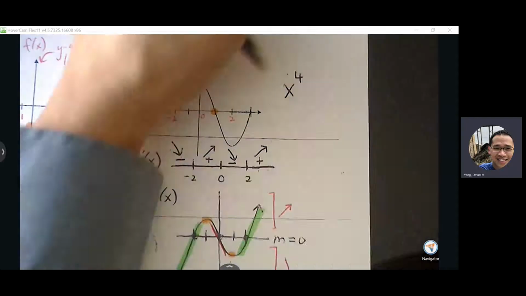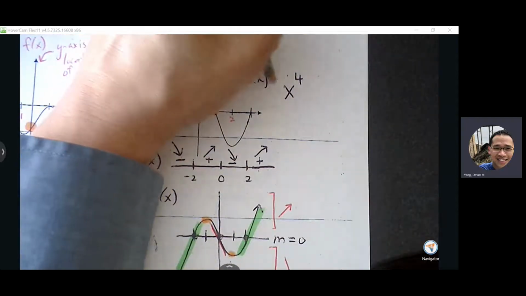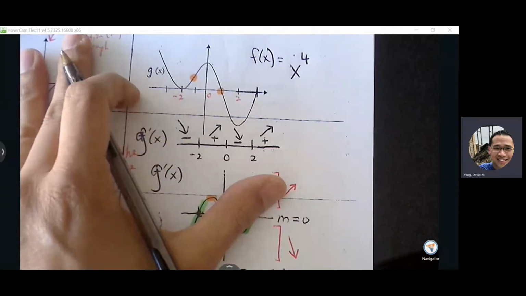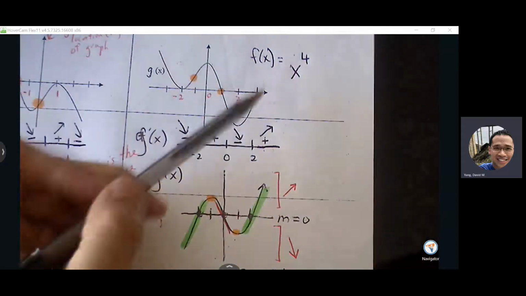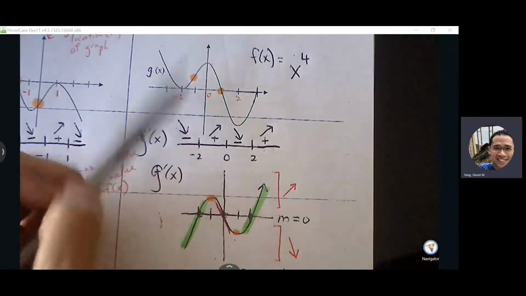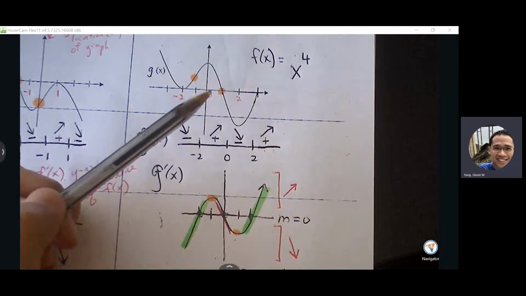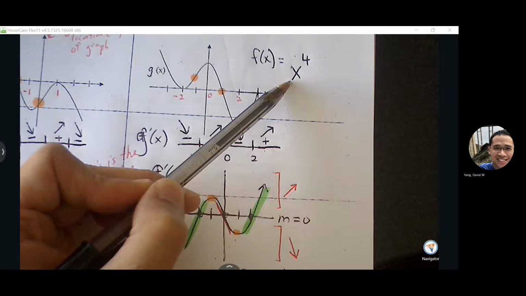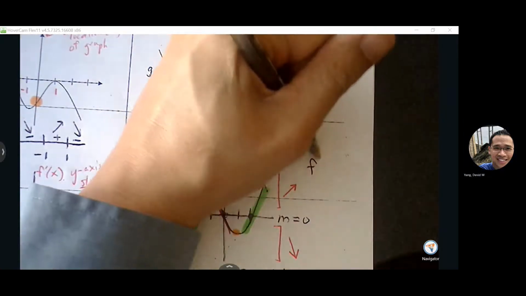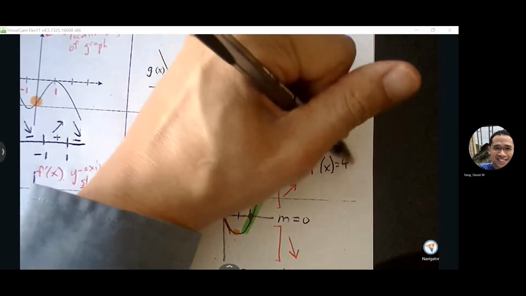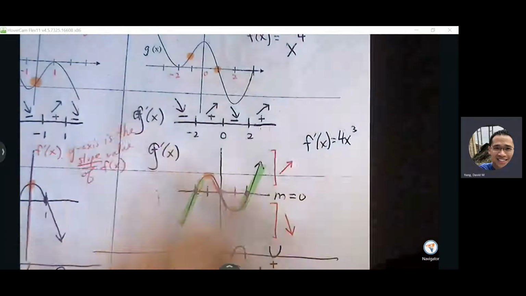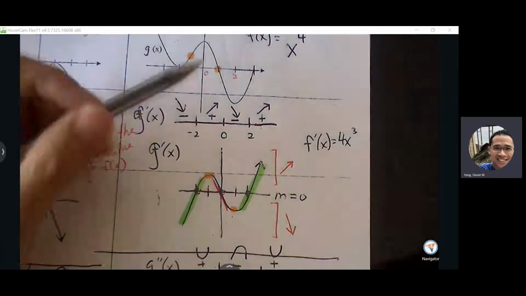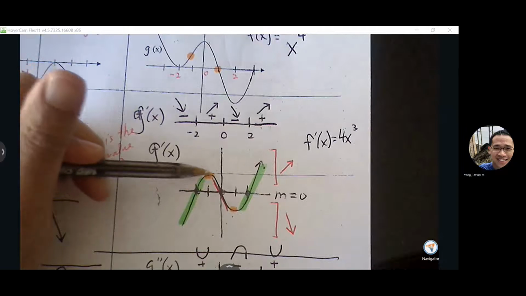Okay, so let's say the function was x to the 4th. Let's just deal with the highest degree, x to the 4th. Maybe there's lower degrees here, but this is definitely an x to the 4th graph. What's the derivative of x to the 4th? 4x cubed. Okay, what does a cubic graph look like? Like this, right?